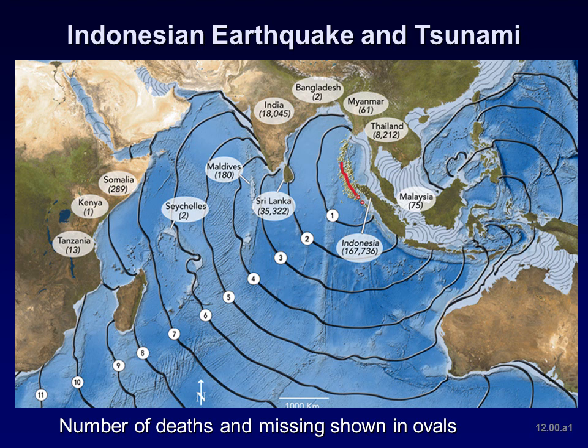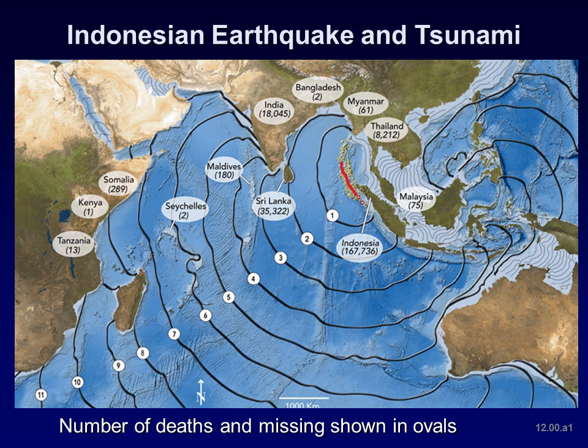This first example here is the Indonesian earthquake and resulting tsunami. In looking at this image, the length of the rupture zone is shown by the red line. The black labeled lines represent travel times in hours of the tsunami as it radiated out from the earthquake zone.